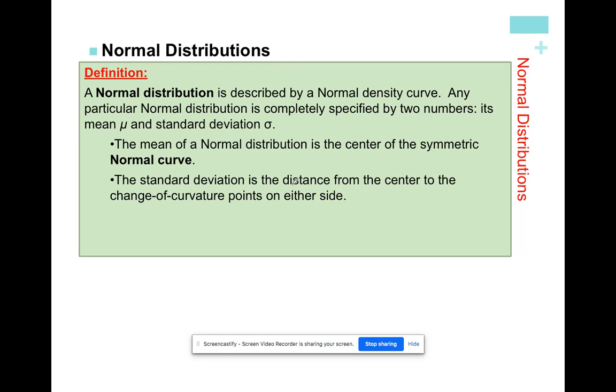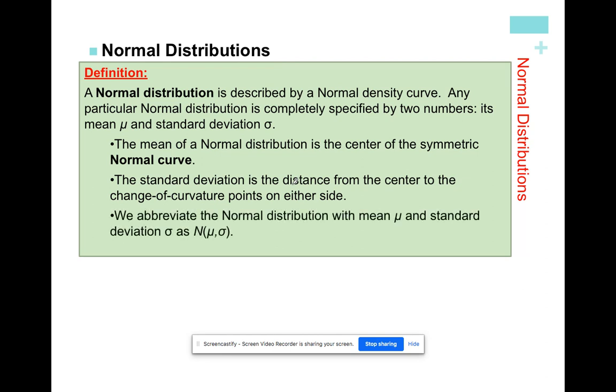That's not something that you're going to have to locate or really draw accurately. But for those of you that are maybe in calculus, you've heard about inflection points. That's really what's happening here, because eventually we're going to find the area under these curves using ideas from calculus, but we're going to focus on using technology and tables to help us find the area.